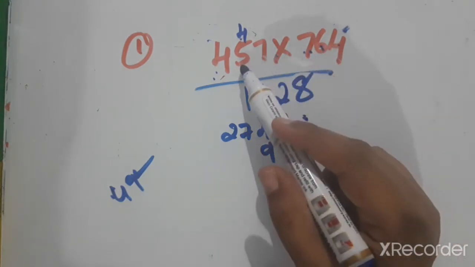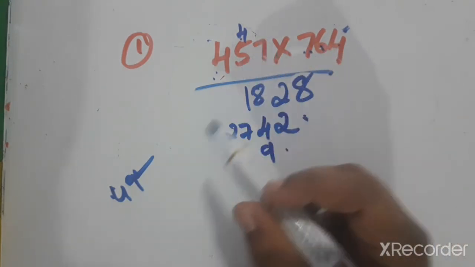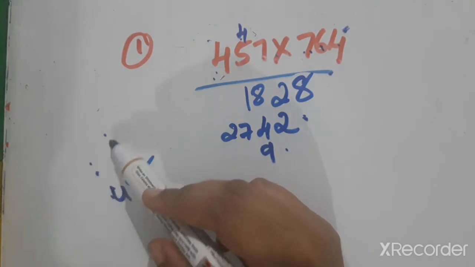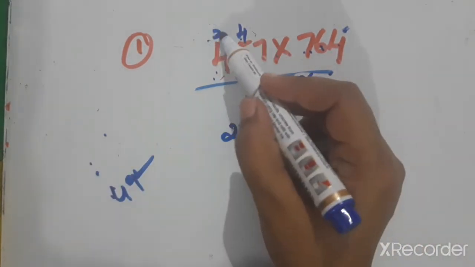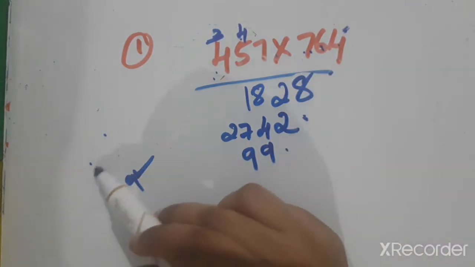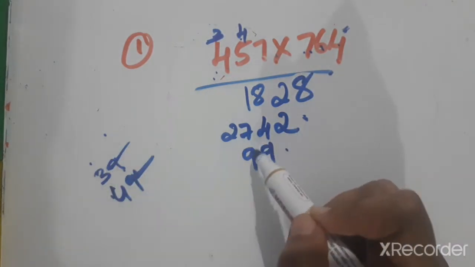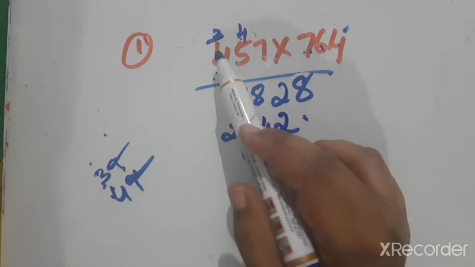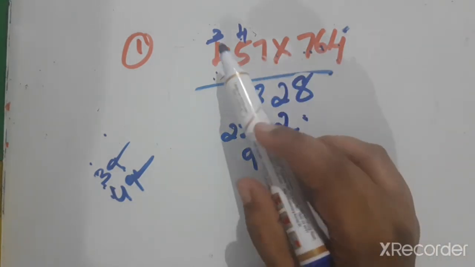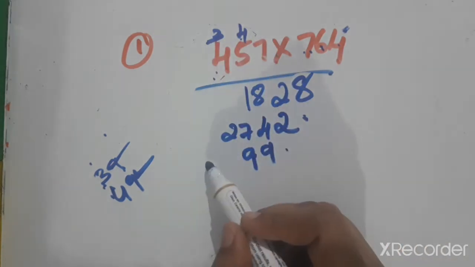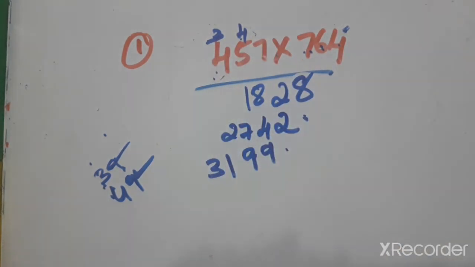Now 7 fives are 35. 35 plus 4 is 39. 39 means 9. Again 3 carry to the next place. 39 means 9 we have to write. Last number, this 3 will carry to the next place. Now 7 fours are 28. 28 plus 3 is 31.